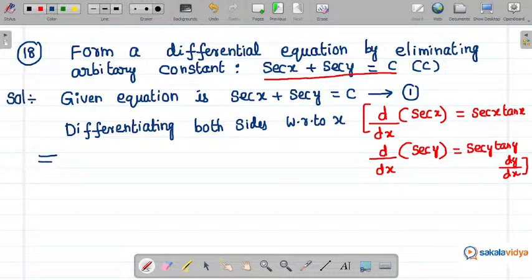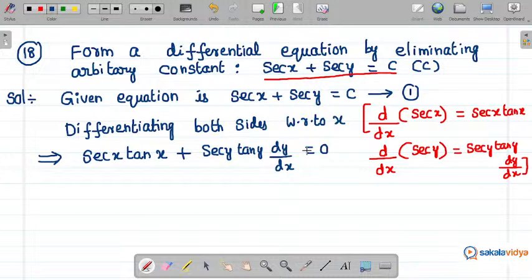So the first derivative, of secant x, is secant x tan x, plus the derivative of secant y, which is secant y tan y, but here very important, into dy by dx, is equal to the derivative of the constant, which is 0. So therefore this is the required differential equation. I hope it's very clear to you. Right, I will give one more question, try to figure it out.